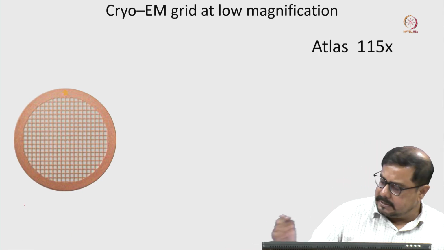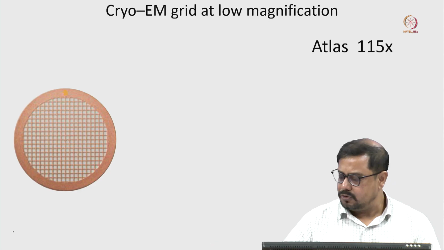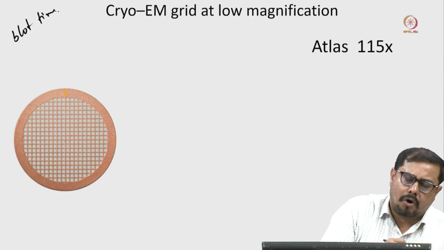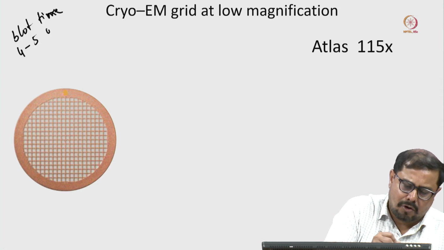So blotting parameters, there are a couple of things. First thing is blot time, how long we want to blot our sample. Generally 4 to 5 seconds or 3 to 5 seconds.